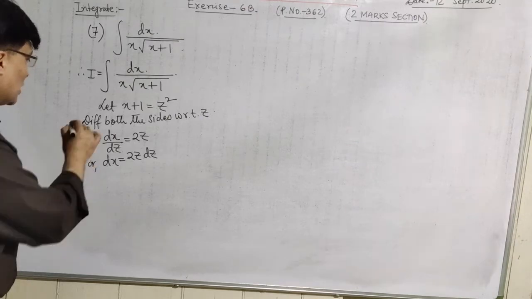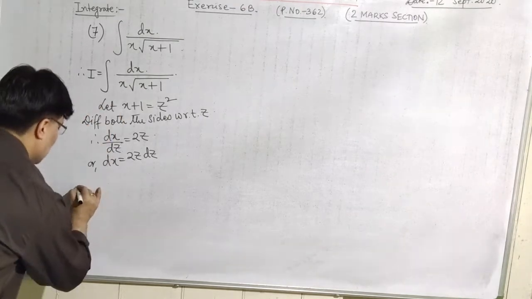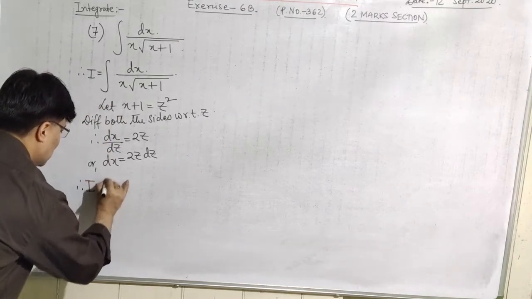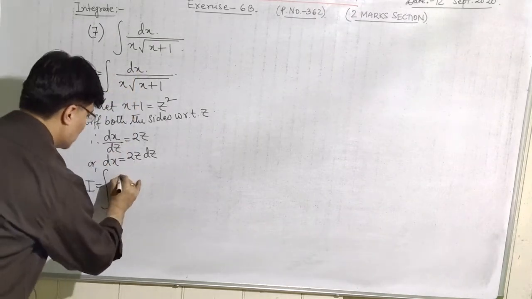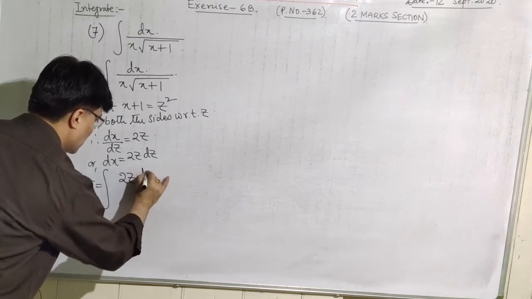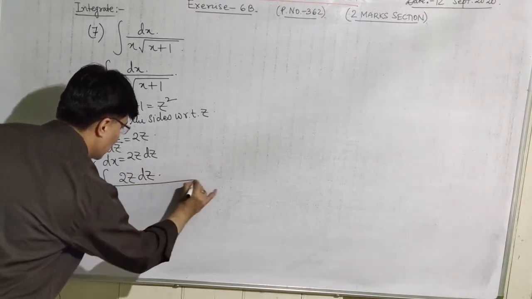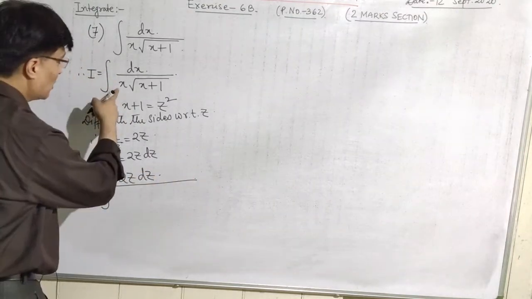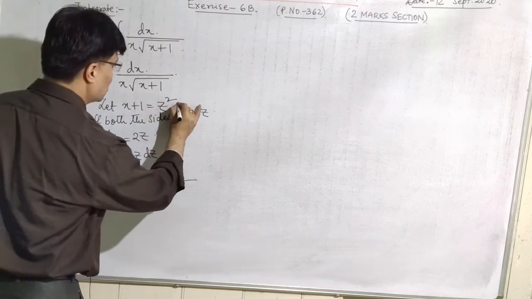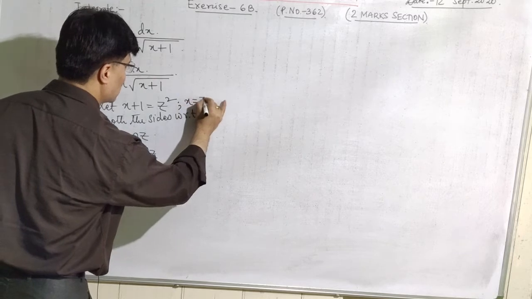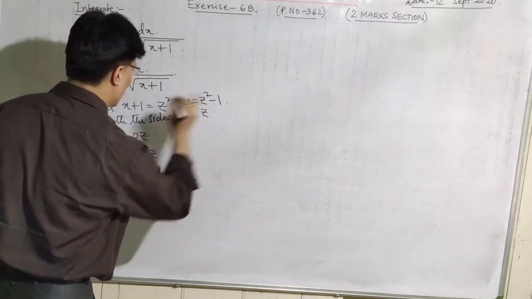Okay, so now let us put these values in I. So therefore I is equal to integration of, what is the value for dx? It is 2z dz divided by, now there is x only, you have to put the value for x here. So x is equal to, what is x here, it is x is equal to z square minus 1.